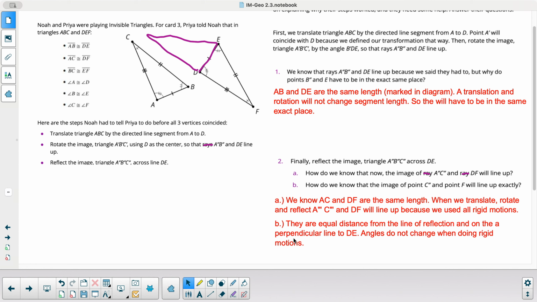Angles do not change when doing rigid motion, okay? So this, when I reflect over here, will match up with DE, and same up here, which one would that be? That would be B triple prime, C triple prime. We'll line up with EF. Okay.